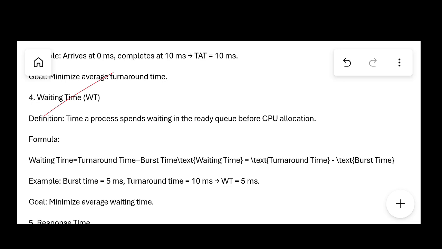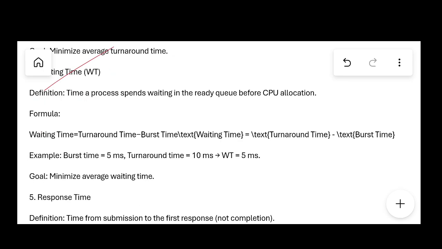For example, if a process has a burst time of 5 milliseconds and its turnaround time is 10 milliseconds, the waiting time is 5 milliseconds. Our goal is to minimize waiting time so processes don't stay stuck waiting too long.